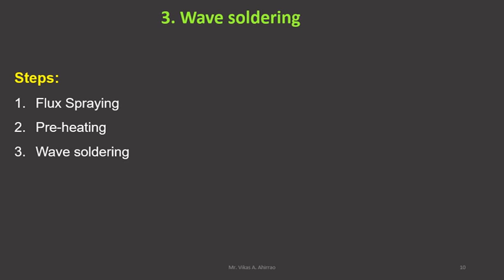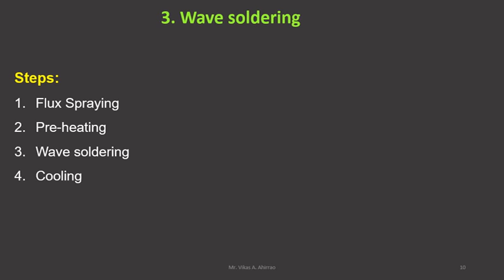The third step will be wave soldering. The molten solder will be present, but by pumping, a wave will get generated, and when the PCB passes over this wave, the soldering will take place.